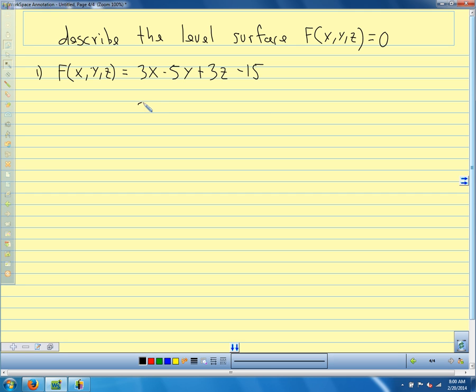We're saying 3x minus 5y plus 3z minus 15 equals 0. So what is that surface? Let me rewrite it one more time.